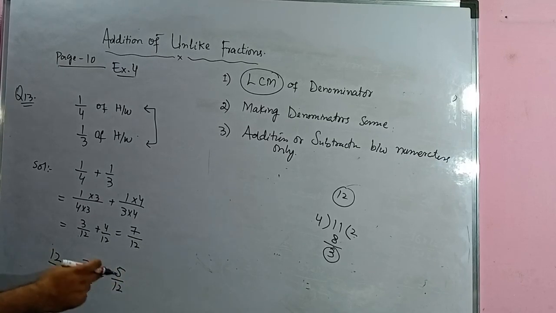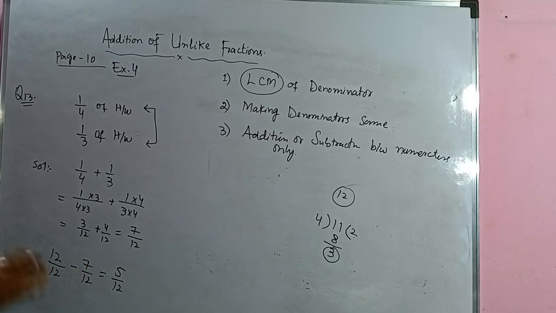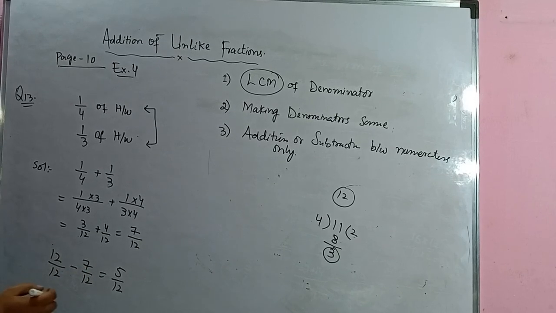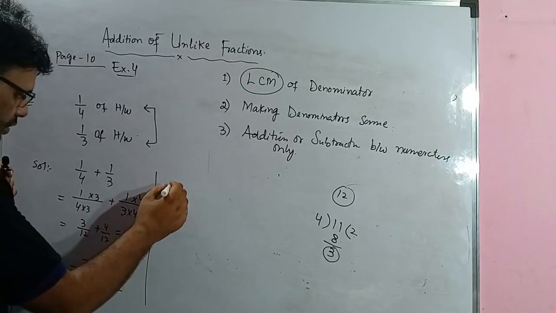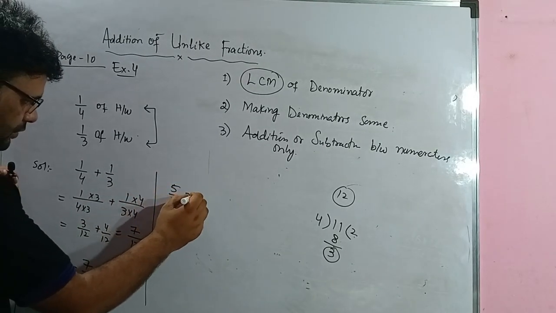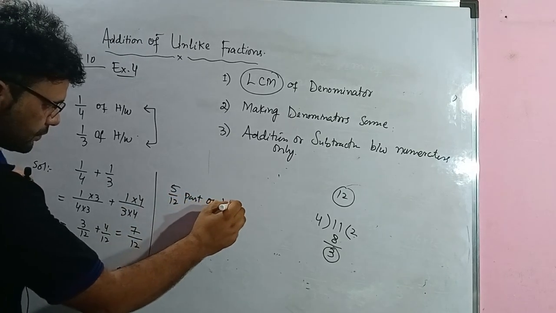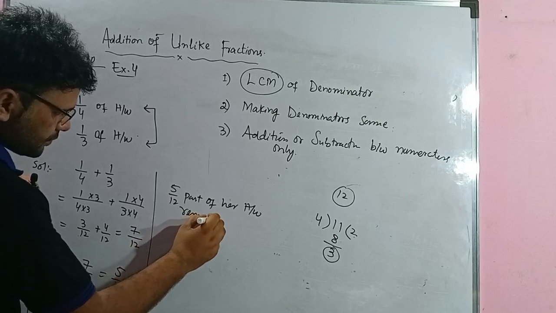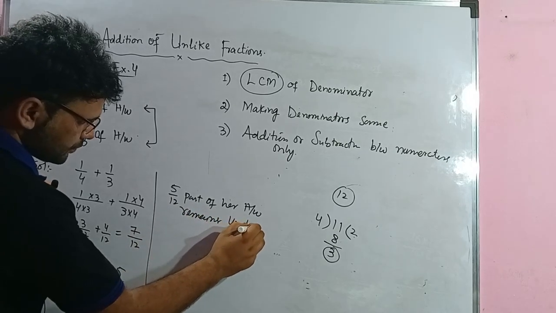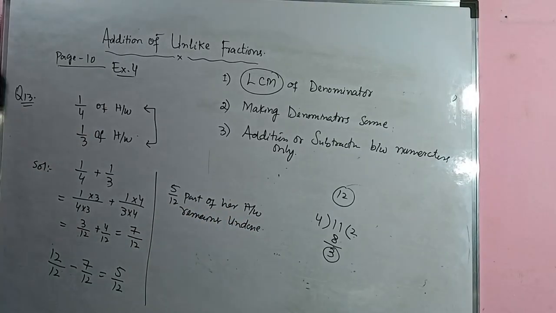So 5 divided by 12 is the fraction of her homework that remains undone. Finally I will write the answer: 5 divided by 12 part of her homework remains undone. So this is question 13.